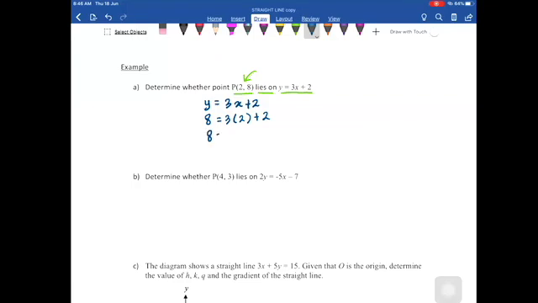So 8 equals to 6 plus 2. So 8 equals to 8. Jadi sama. Jadi we can conclude P, 2, 8 lies on Y equals to 3x plus 2.